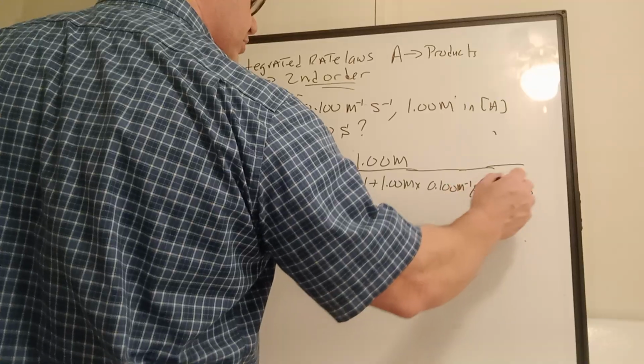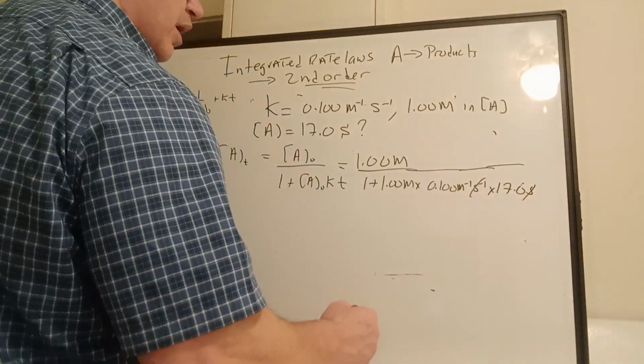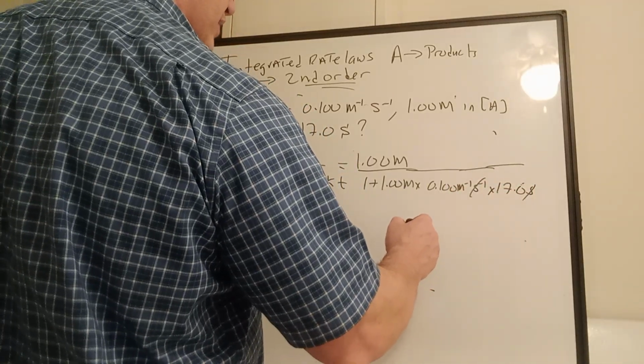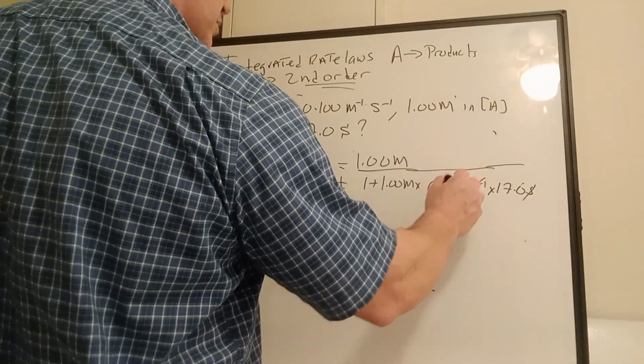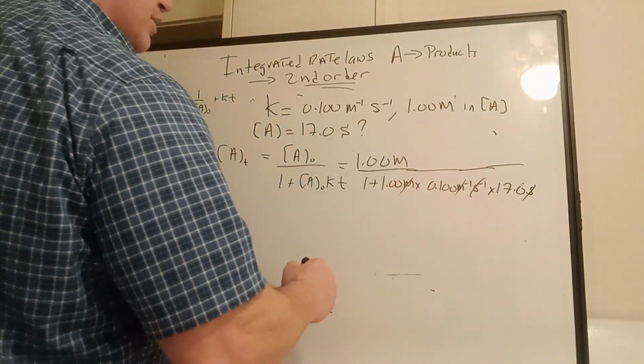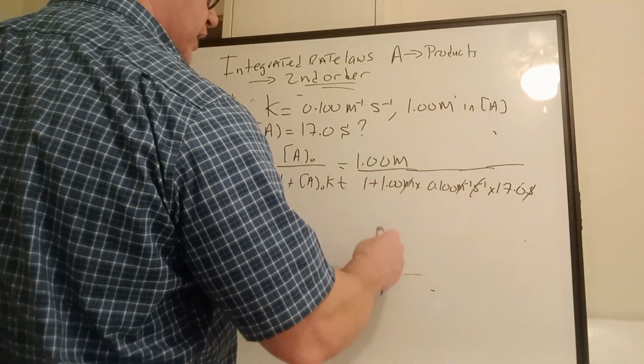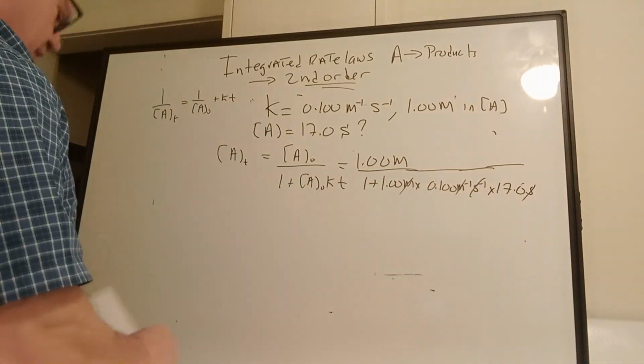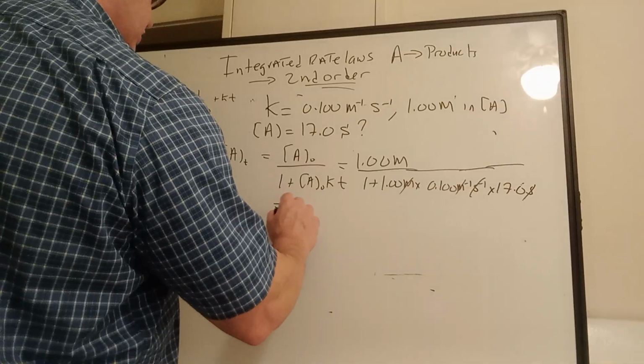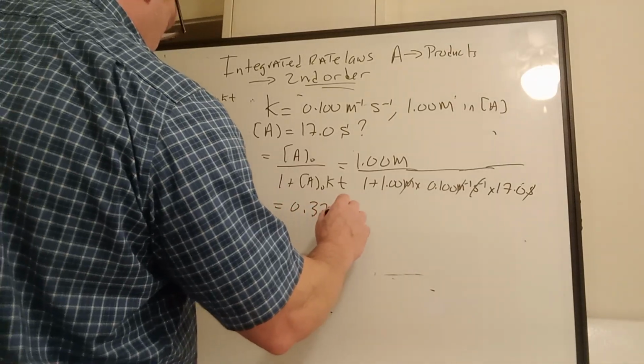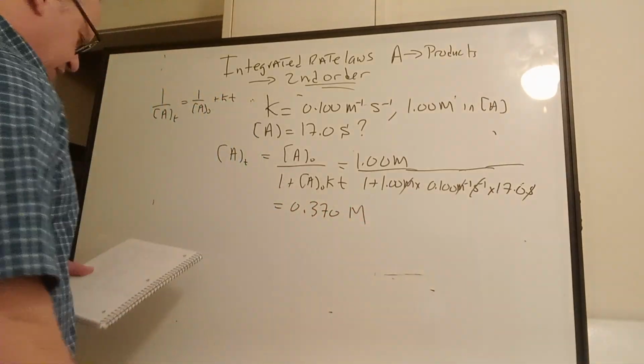So the time units cancel. The molarities cancel. So we end up with dimensionless in the bottom and molarity in the top, and it ends up being 0.370 molar. Verify that for yourself.